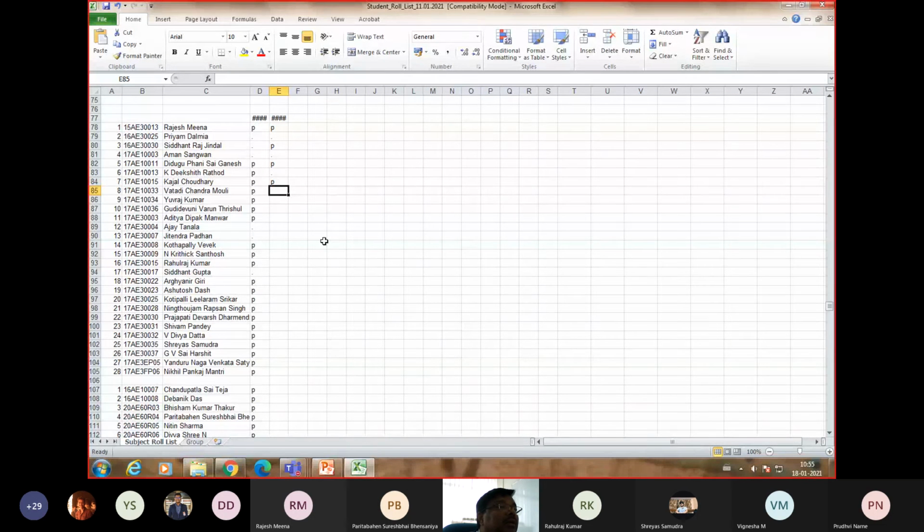Chandramouli, present, sir. Yuvraj Kumar, present, sir. Borun Trishul, present, sir. Aditya Deepak, present, sir. Ajay Kanela, present, sir.